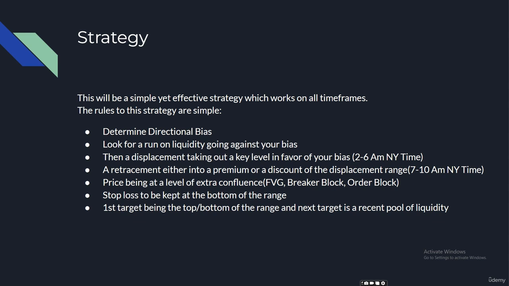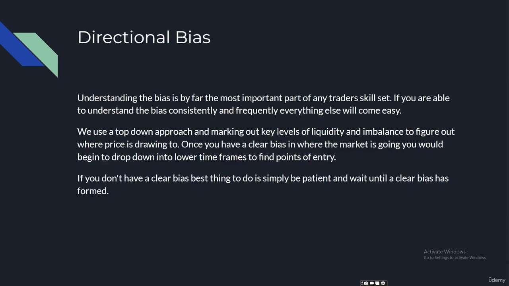And the next target would be a recent pool of liquidity resting nearby. So, directional bias. As I said, it is by far the most important part of any trader's skill set. If you're able to understand the bias consistently and frequently, everything else will just fall into place. And you already know this because of the bias lesson. We use a top-down approach, marking out key levels of liquidity and imbalances to figure out where price is drawing to.